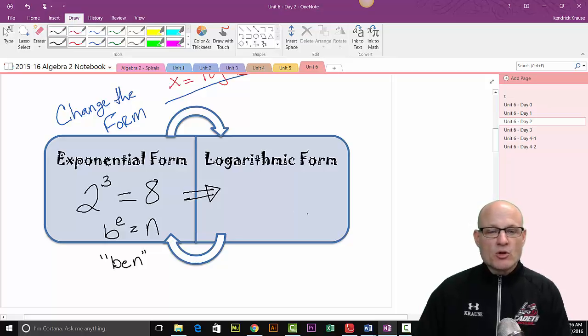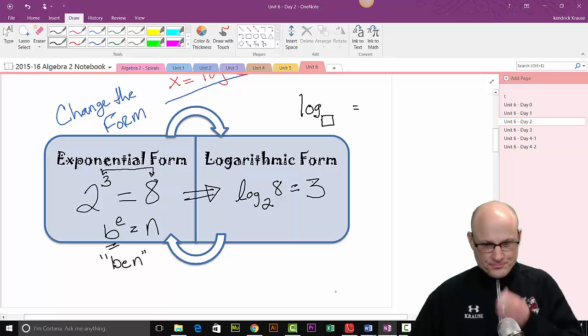So again, the base is the base. And if I'm writing the word log, and we talked about this yesterday, the base goes down here, and it's going to equal something. So we change the base by rewriting it as log base 2, and then these two things simply switch their location. Log base 2 of 8 is equal to 3.